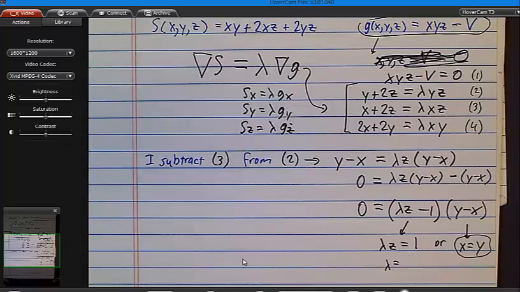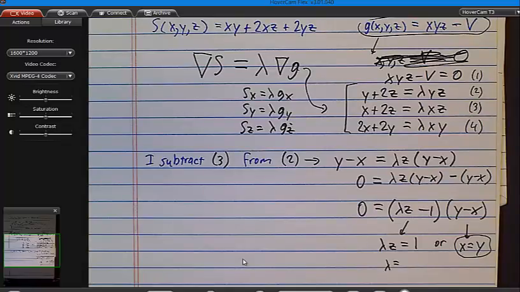I think what we should do at this point is probably use another equation. Well, equation 4 is striking me at this point. Because if I know that x equals y, let's see, what would equation 4 say?